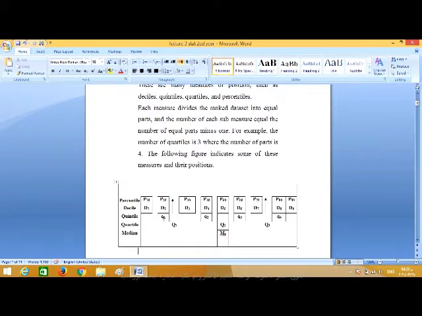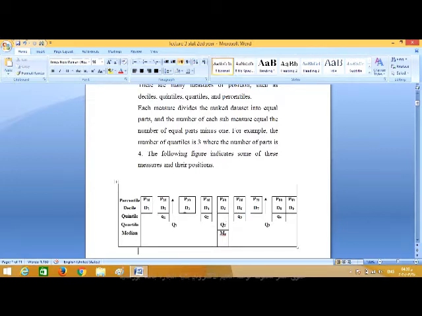So here there are 20% less than small q1 and 40% less than q2 and 60% less than q3 and 80% less than q4. And we have also 20% larger than q4, and so on. Okay?